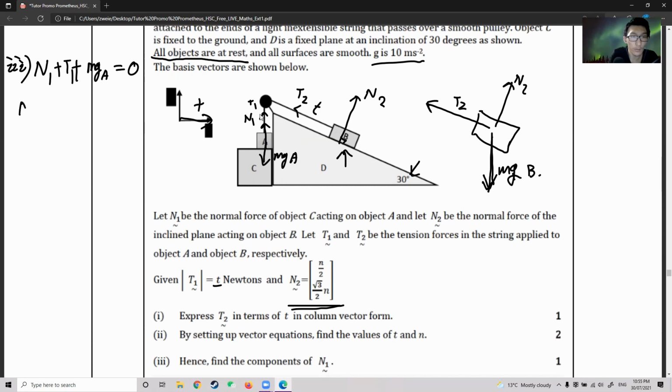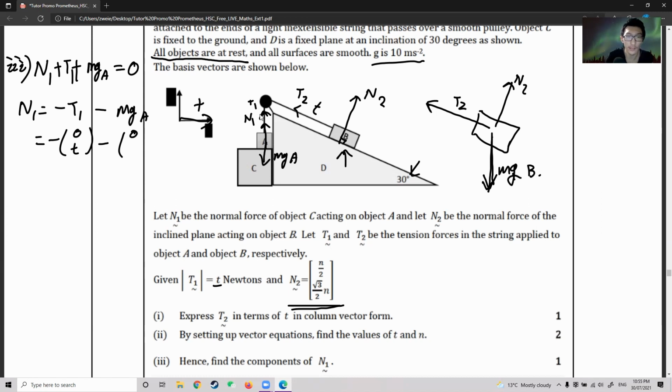So I know that N1 is equal to negative T1 minus mg of A. I know that tension 1 is working in the positive axis, and there's no horizontal movement, so what I get is 0, and my T minus my mg, mass times gravity.